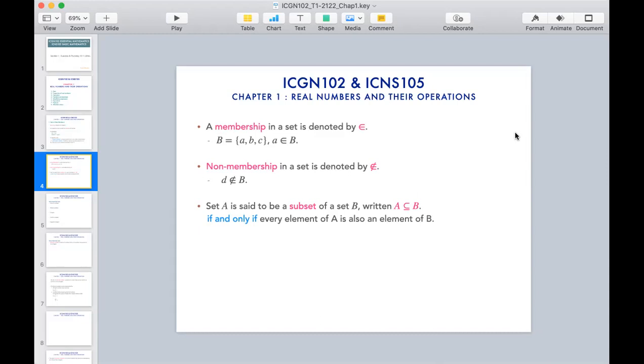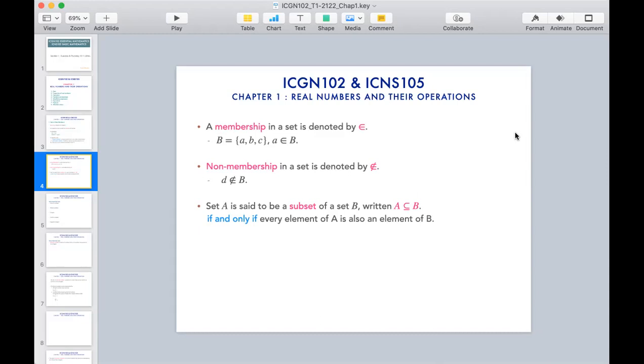What about this? If you have set A that is a, b, and c, can set A be a subset of set B? Yes or no? The answer is yes, because you have to refer to the definition.